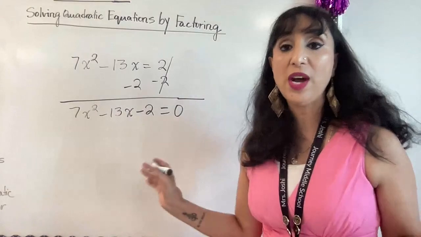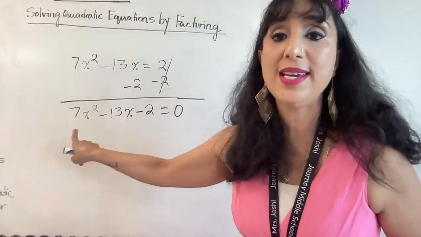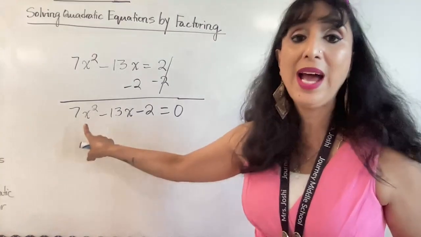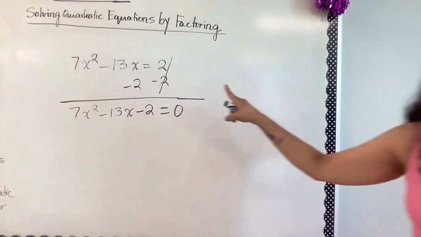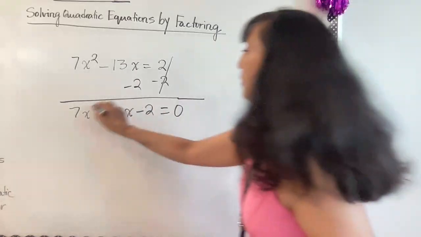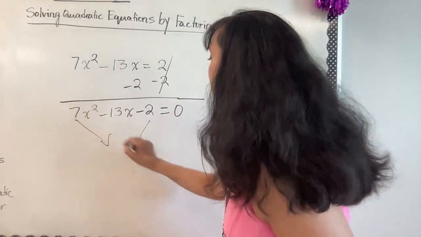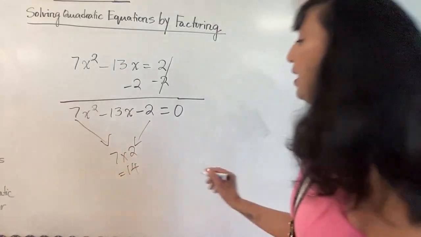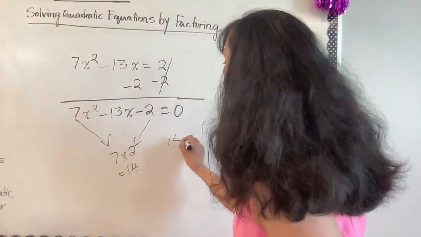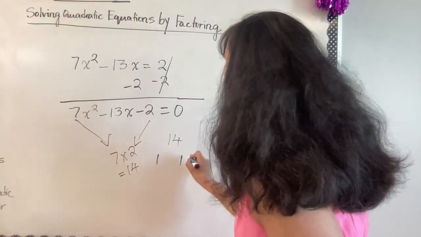Now, we've done trinomials when the leading coefficient is greater than 1. So when I have that, I'm going to do 7 times my 2 over here. So here, this and this have to be multiplied. So I'm doing 7 times 2 and I get 14. Then I'm looking at the factors of 14. And I'm doing 1 and 14.